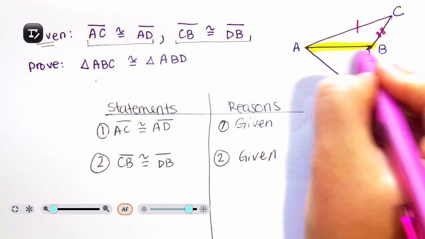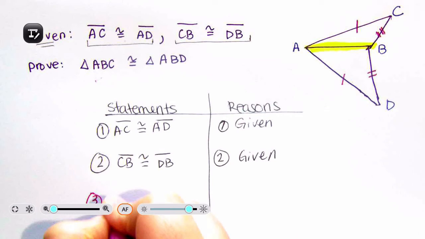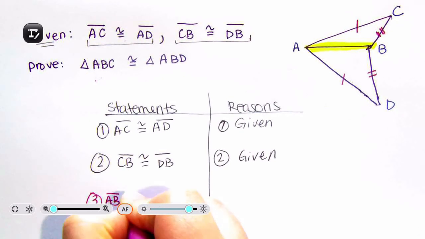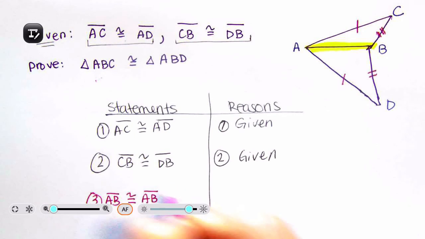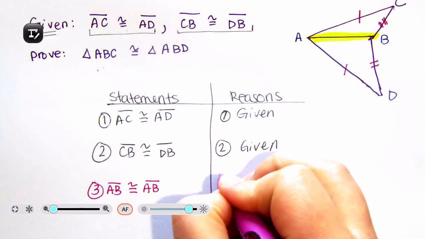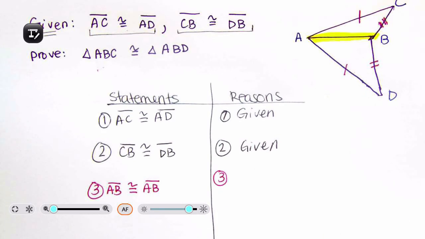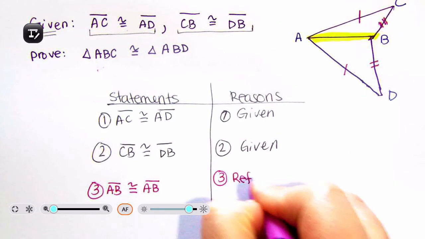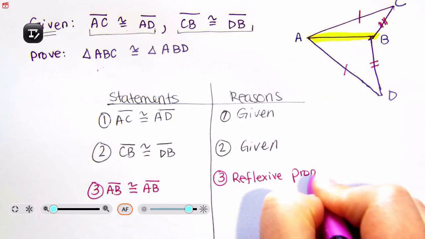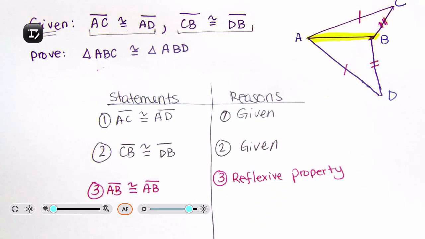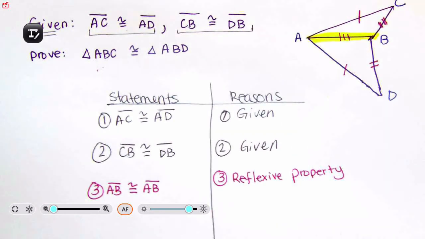What does this mean? I know I have the same side twice, so I know that AB is exactly the same as AB. How do I know that? Step 3, if you go back to the other video, it's called the reflexive property. Okay, so then I know that these two are the same thing.